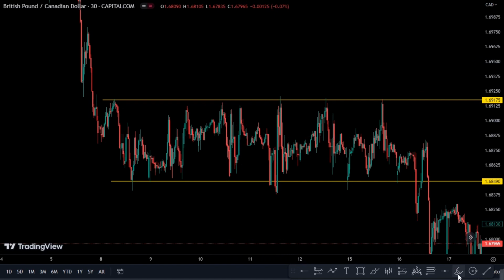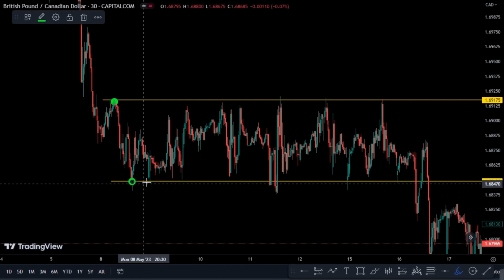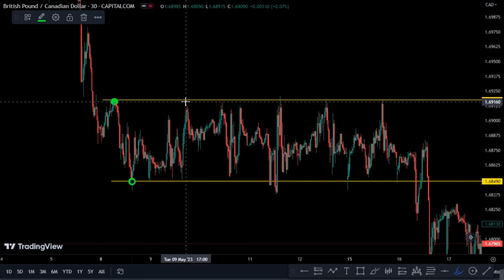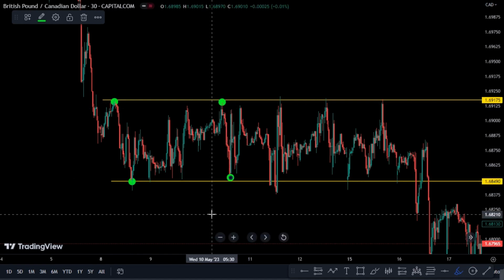Okay, so now we can see that this market initiated this consolidation here. It hit the structure. This has our resistance, and then our support, and then this area here would have been our second touch, and then this would have been our second touch at the bottom.